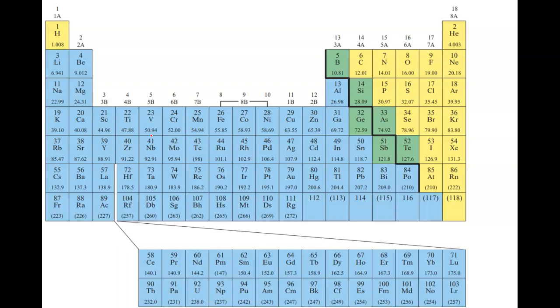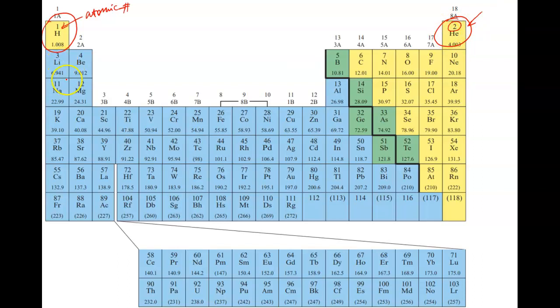They are organized in a specific order. They are placed in the periodic table according to ascending atomic number. The first element here, which is hydrogen, has atomic number 1. The next one has atomic number 2.